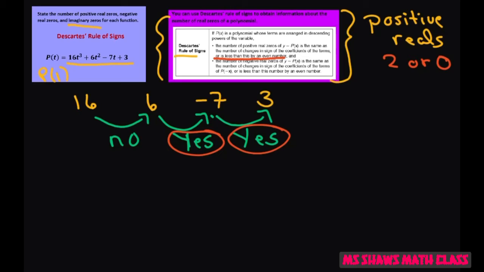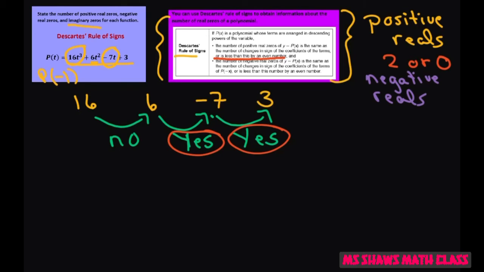Now for your negative reals, you would do the same thing, but instead of P of 1, we're going to plug in P of negative 1. That's going to change this sign and this sign. It's not going to change your squared term.